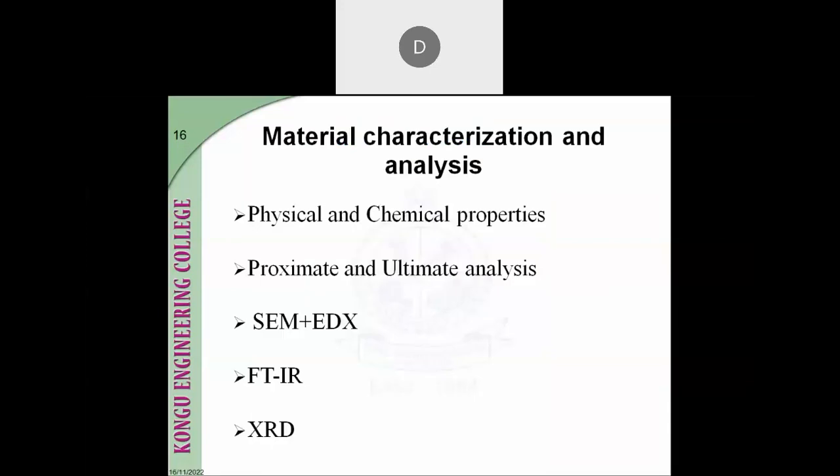The next very important part is material characterization and analysis.